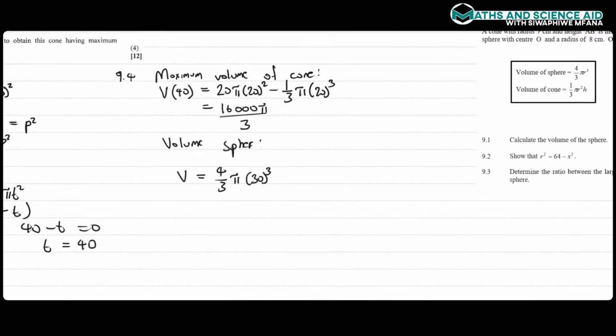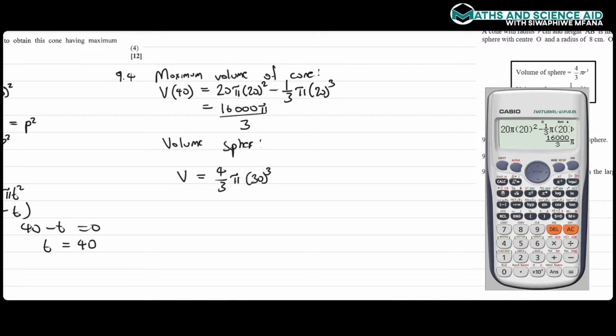Now back to using a calculator. What is 4 over 3 multiplied by pi multiplied by 30 cubed?